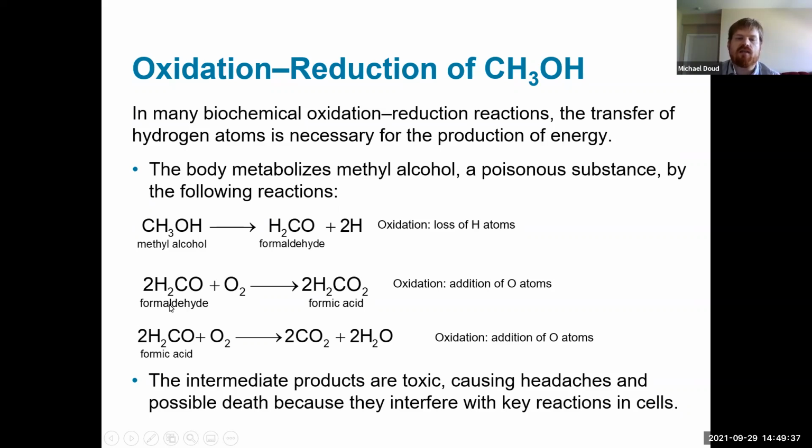Then this formic acid can be combined with oxygen to produce 2 carbon dioxide molecules and 2 water molecules. The problem is formic acid and formaldehyde are toxic, and they can mess up your cells. So that's where you actually have this toxicity coming from ethanol. But this is just an example. We'll talk more in depth about this once we get to chapters 16, 17, and 18.